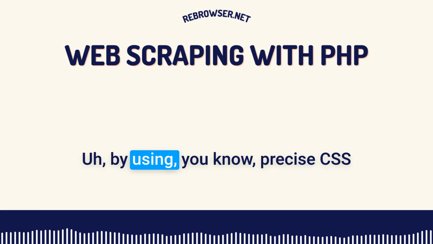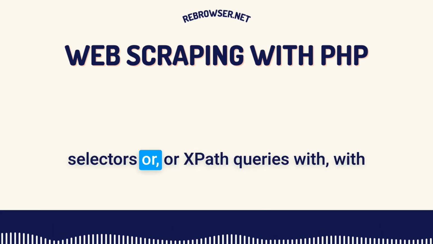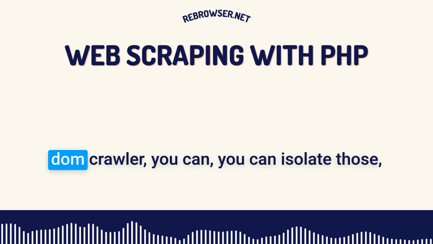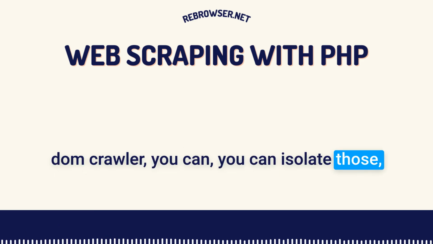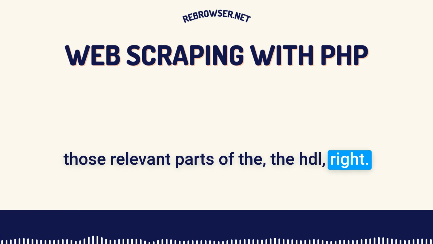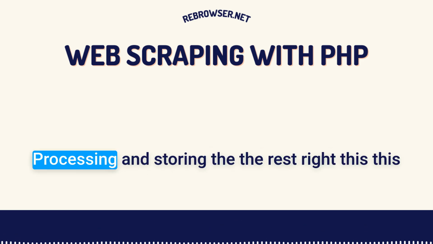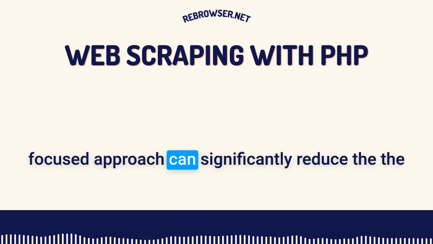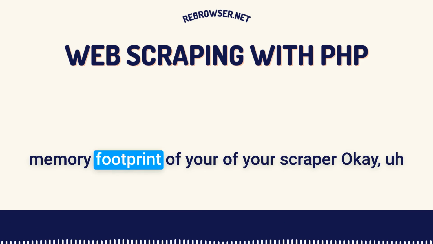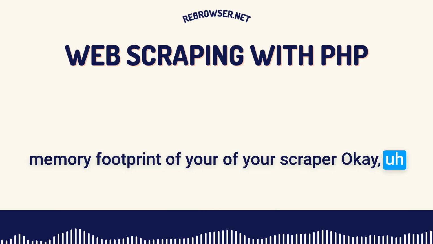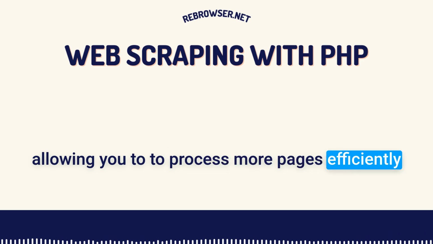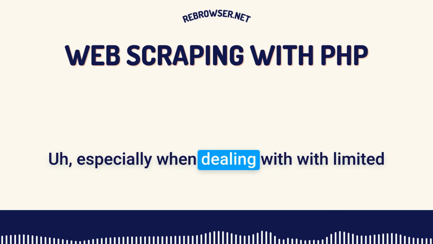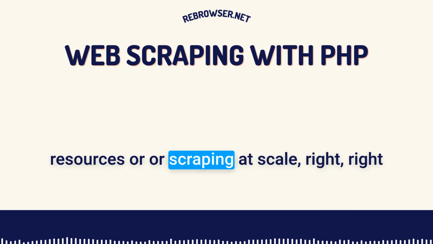By using precise CSS selectors or XPath queries with DOM crawler, you can isolate those relevant parts of the HTML and avoid processing and storing the rest. This focused approach can significantly reduce the memory footprint of your scraper, allowing you to process more pages efficiently, especially when dealing with limited resources or scraping at scale.